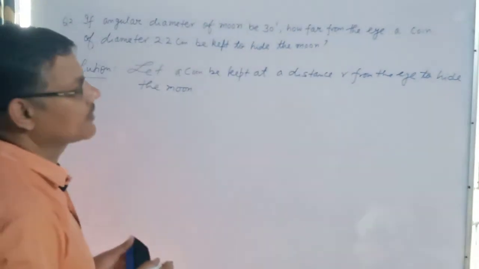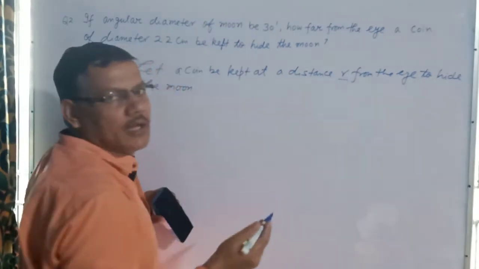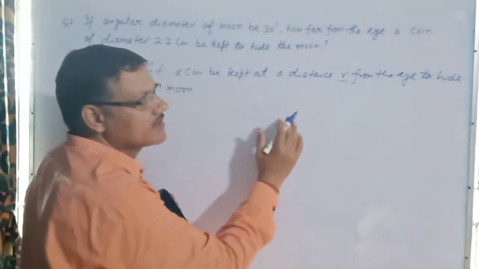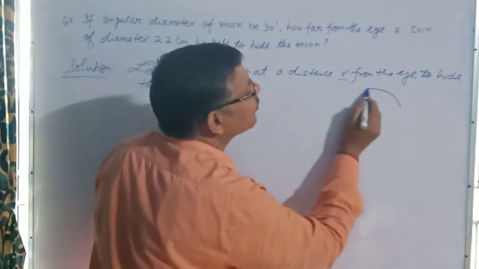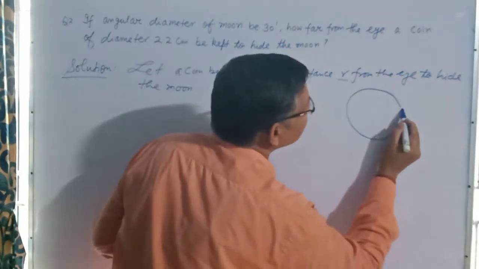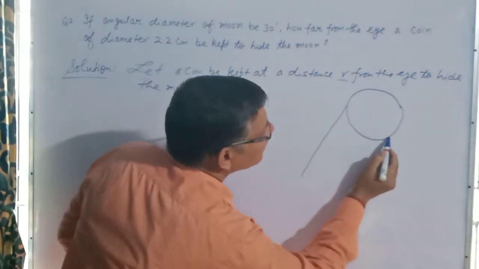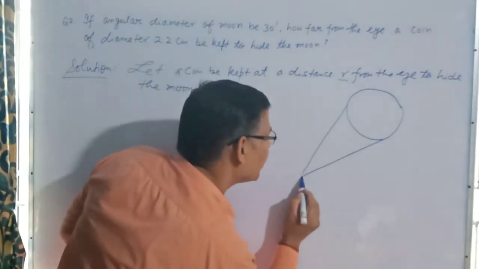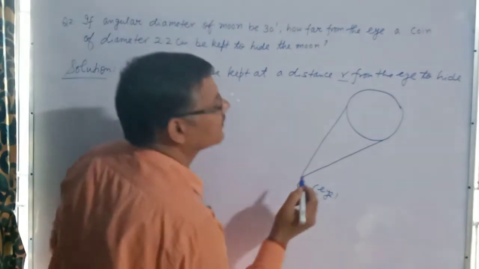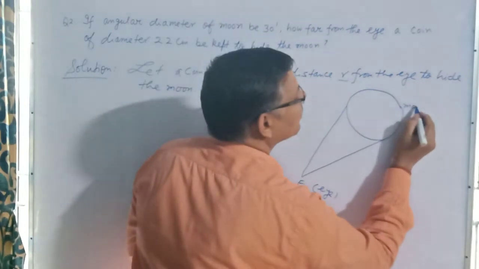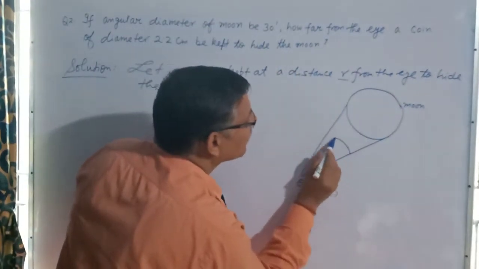So first of all we take, let the distance be r at which a coin is placed to hide the moon. Just know the situation. Actually this is the moon, and that is the angle subtended at the eye of the observer, let it be E. This is the moon. Now let here we keep a coin.